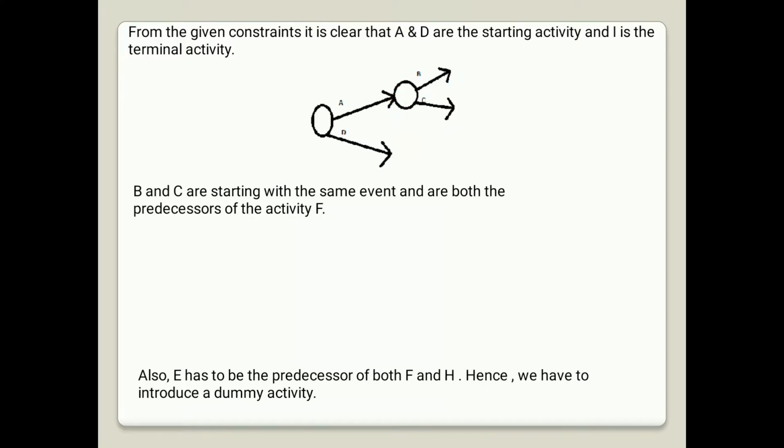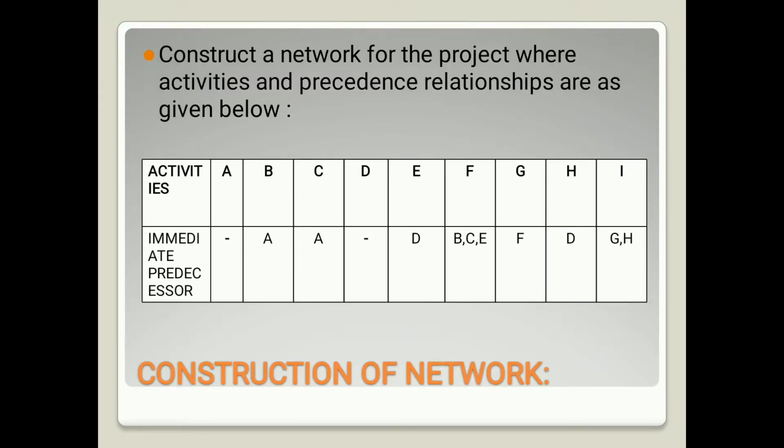Here B and C are also the predecessors of F, and G is also a predecessor of F and H. Why H? You may have a doubt, because here, D is the predecessor of both E and H. We can observe that from B, C, E we are getting F, and from D we are getting E, and in the same way we are getting H from D also.